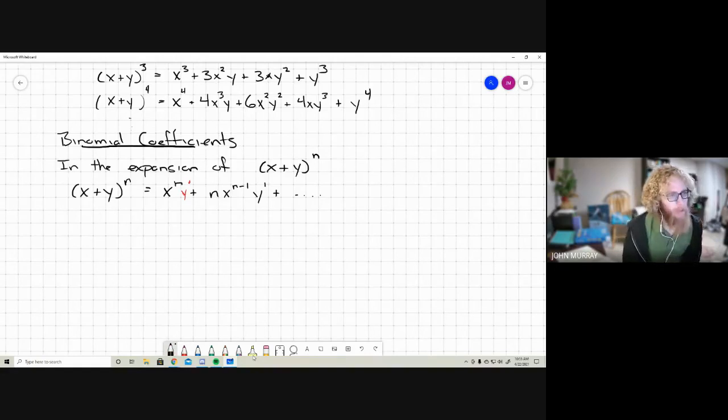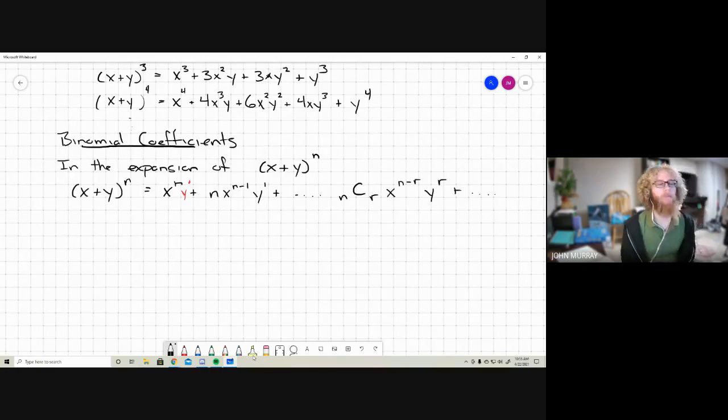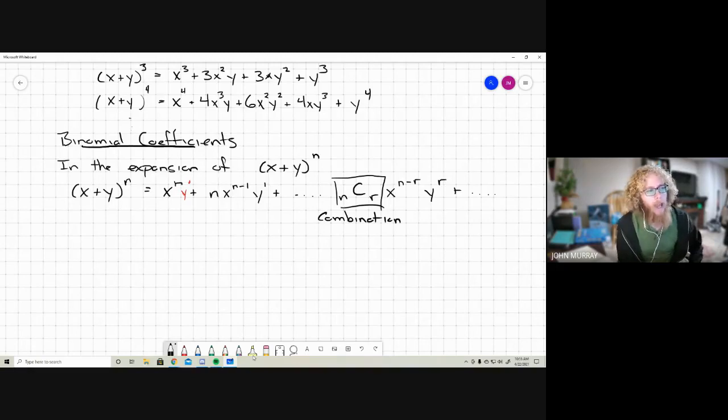But after a while, after our first few where it's pretty simple and straightforward, they came up with something called a combination. This is our big part here. They found that any term in your binomial expansion follows this pattern. Now, I only have 4 minutes.